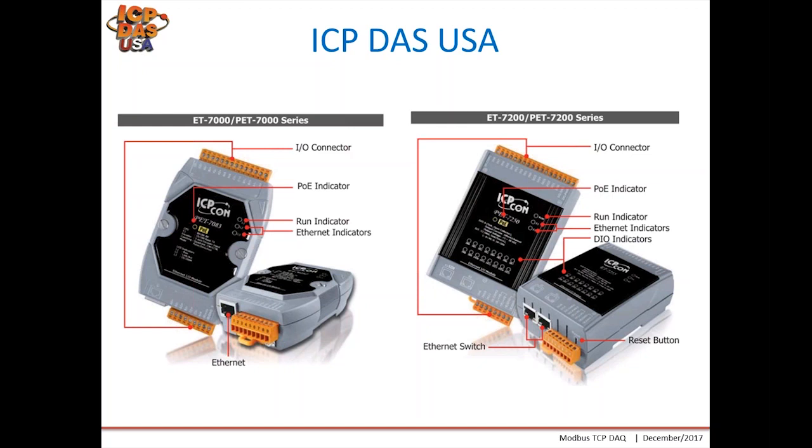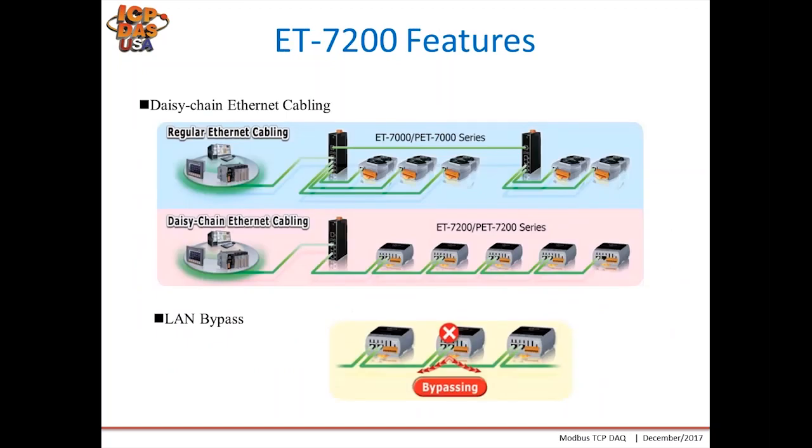Traditionally, like I said earlier, it's easy to add a Modbus TCP data acquisition module to any network with an empty Ethernet port. Having two Ethernet ports allows the ability to daisy chain modules along Ethernet communication. Because of this, you only require one Ethernet port.